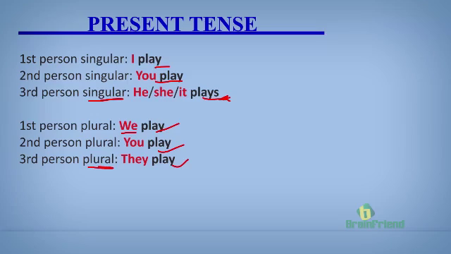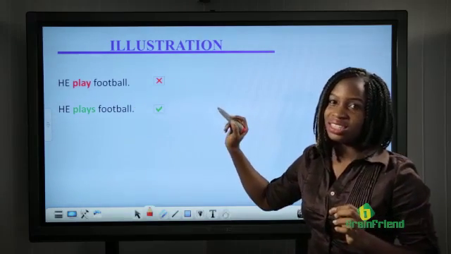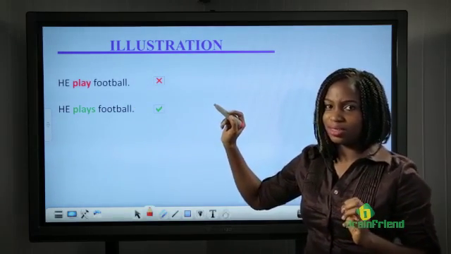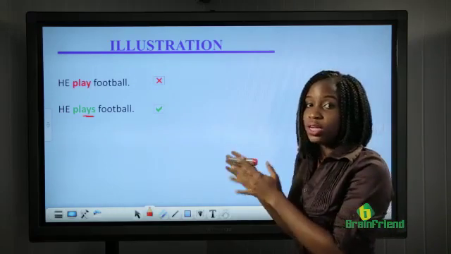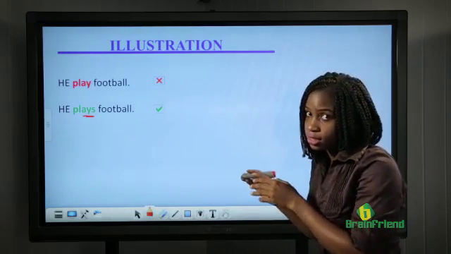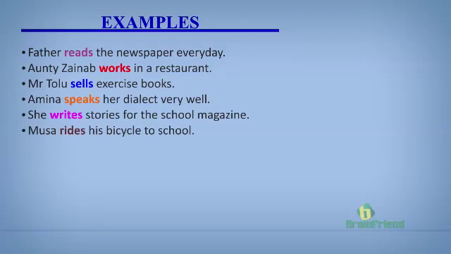I hope you get that. Let's take a look at this. He play football. That is wrong. It doesn't sound right. Does it? No. He plays football. Now it is only in this situation that we add s to the verb when talking about another person.